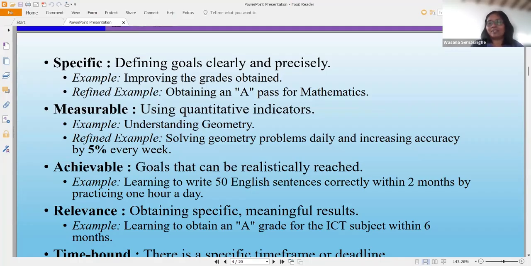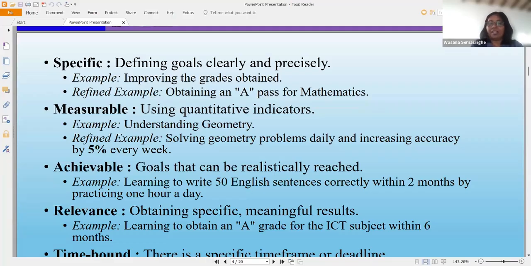Then next one, achievable. Sometimes we have goals, but we can't achieve them. We set goals, but we can't achieve them. They are not achievable. So you have to have realistic goals. They should be able to reach. As an example, learning to write 50 English sentences correctly within 2 months by practicing 1 hour a day.